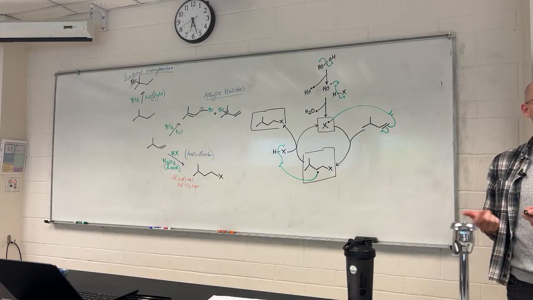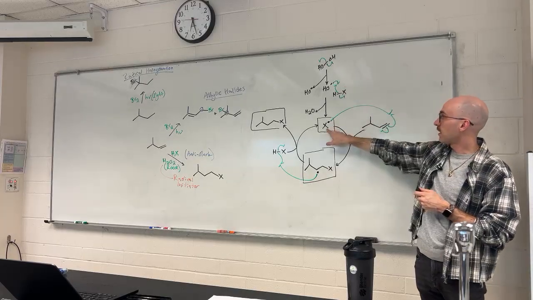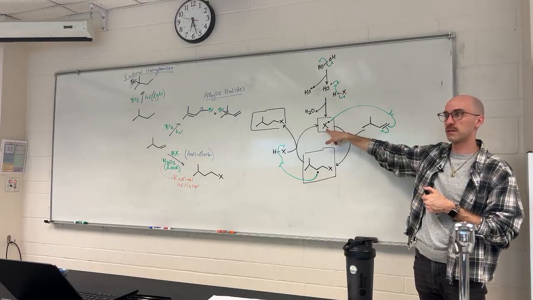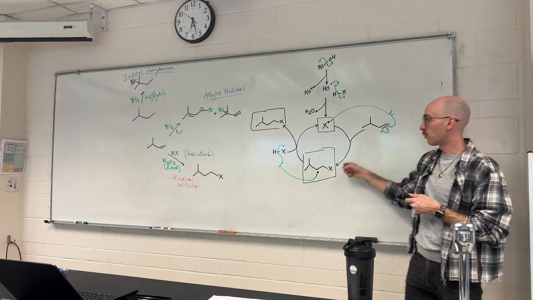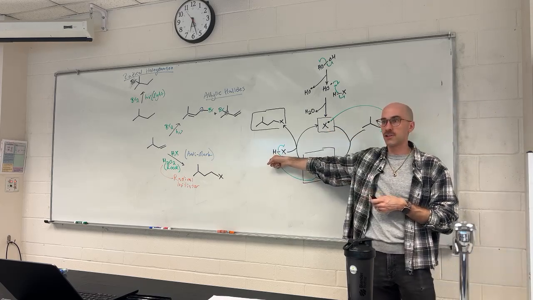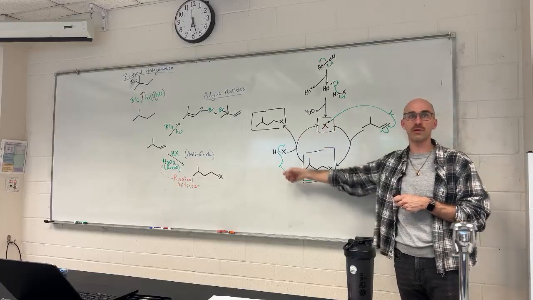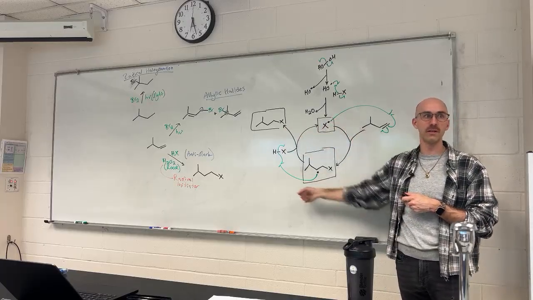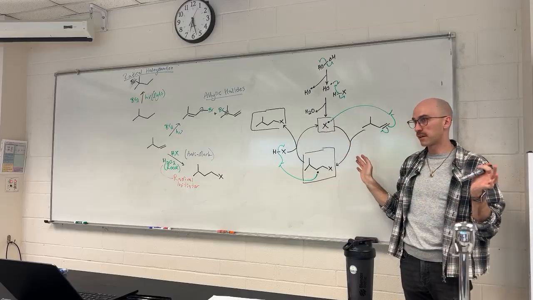It's a cyclic process. After that first halogen radical is formed, it reacts with one alkene, which reacts with another HX, which produces more X radical, which produces more carbon radical, which produces more halogen radical, over and over and over until everything is consumed.